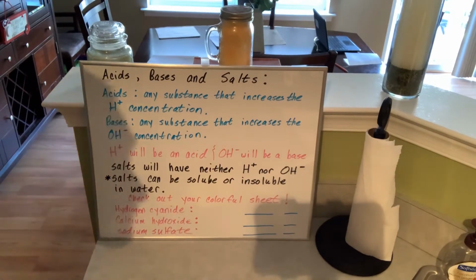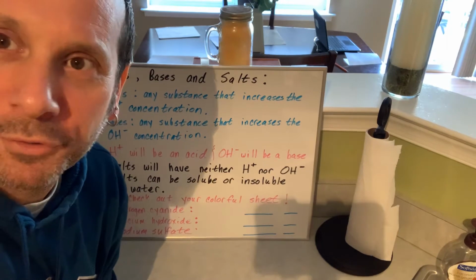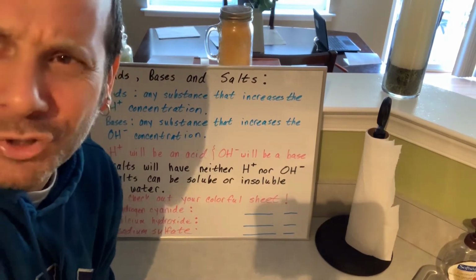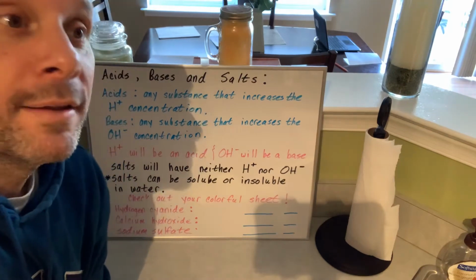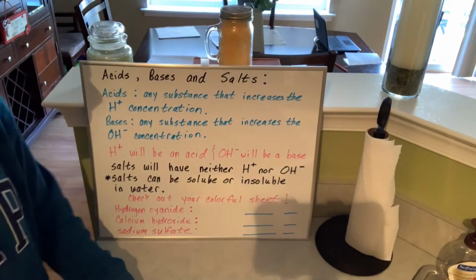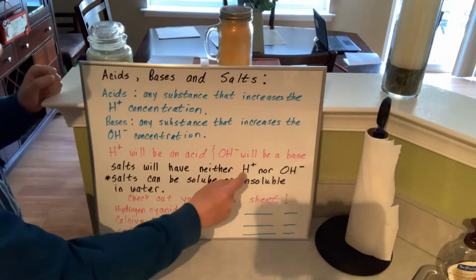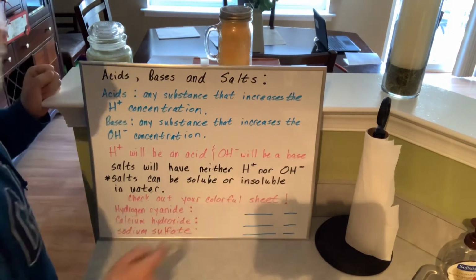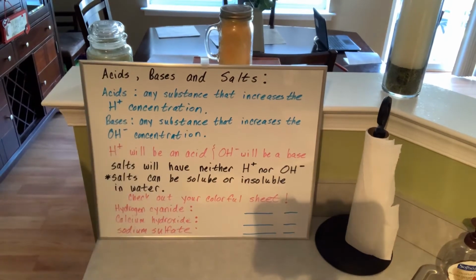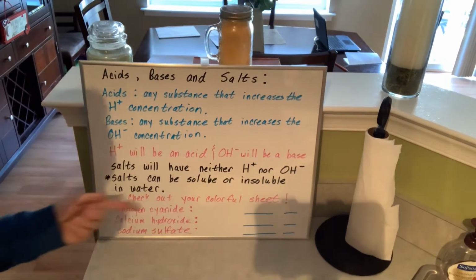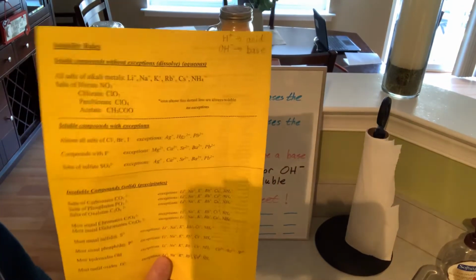Now, there are many salts, including the salt that's in the shaker, which is sodium chloride. The positive ion is Na, the negative ion is Cl. So since it doesn't have H and it doesn't have OH, that's what makes it a salt, but it's one of many salts.